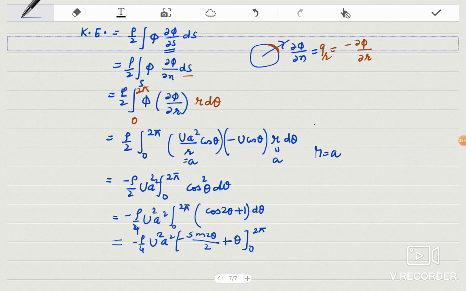So it is nothing but minus rho by 4 u square a square into 2 pi, so it is minus rho u square a square pi upon 2. This is all about kinetic energy.